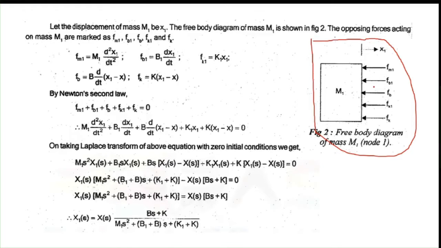Force balance means the forces in one direction equal the forces in the other direction, or the net effect is zero. In this diagram all the forces point in the same direction, so their sum is equal to 0. That is Fm1 plus Fb1 plus Fb plus Fk1 plus Fk equals 0.